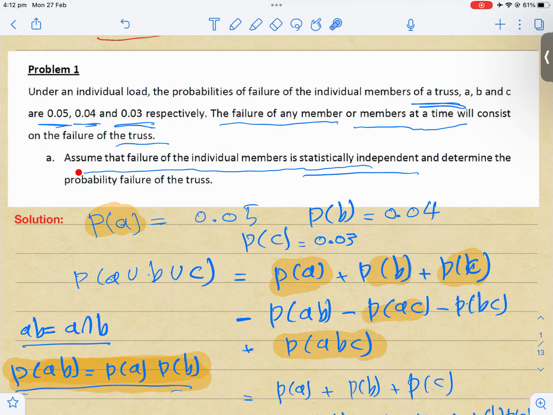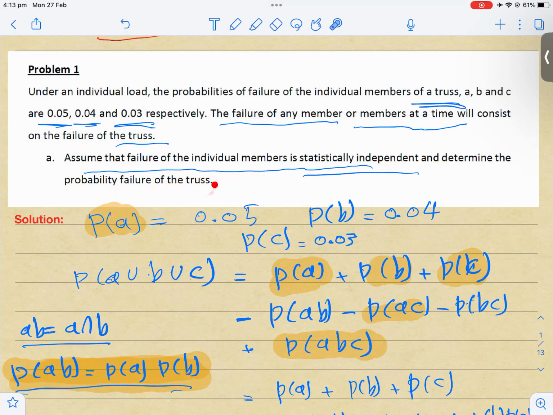So the question says, assume that the failure of the individual members is statistically independent. Well, it's somehow understandable. The failure of one is independent from the other one. So it asks: what's the probability of the failure of the truss?